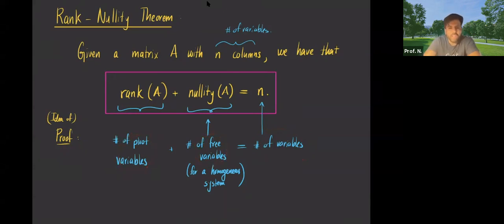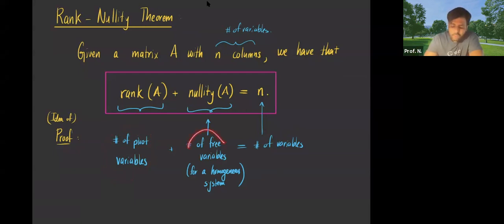If you add these up, you get the total number of variables. But of course, it's beyond just the number of variables, right? Because the number of pivot variables embedded in it is the number of linearly independent rows and columns. You see how it's a little bit richer than just saying the number of pivot variables, even though this is one idea of proving it. The number of pivot variables is associated with the number of linearly independent rows, which gives us the dimension of the row space, which is equal to the dimension of the column space.